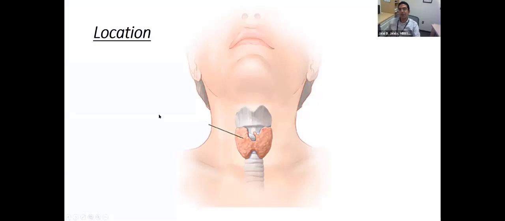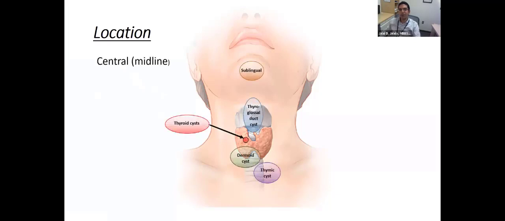Moving on to the first part of the talk, when thinking about cystic lesions of the head and neck, location is extremely important. Location can tell you a lot about the differential diagnosis. Generally speaking, cystic lesions of the head and neck can be divided into two categories: those that occur in the central neck or midline, where the most common congenital lesion is the thyroglossal duct cyst.